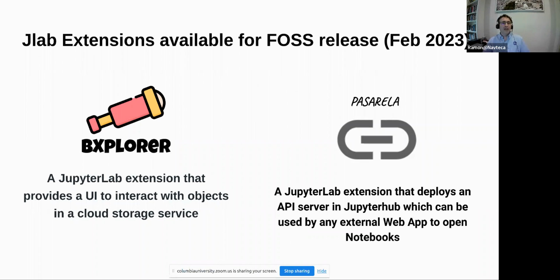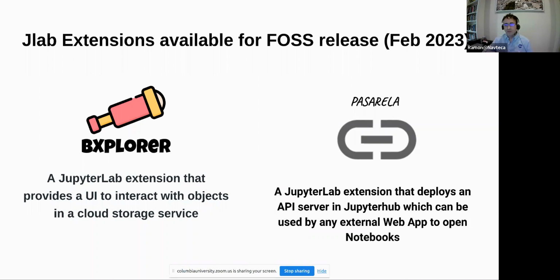Today, originally the focus was going to be on BExplorer, and that's going to be the main part of what I want to show. But I also want to mention other extensions, and if the audience is interested, I can also demo them. BExplorer is an extension that lets you interact with data and datasets on cloud storage like S3, Microsoft Blob, and Google Buckets too.